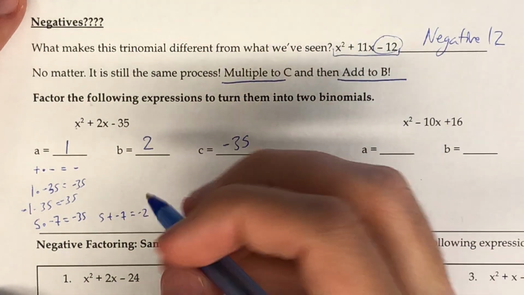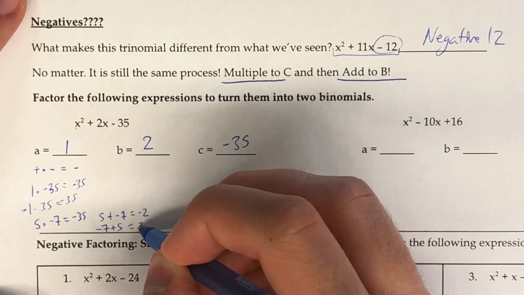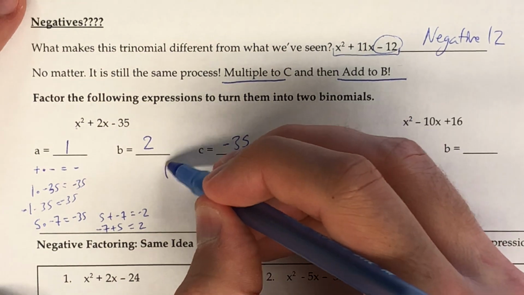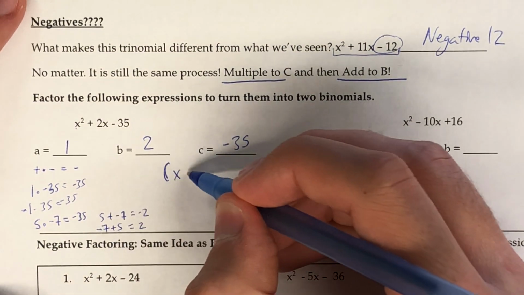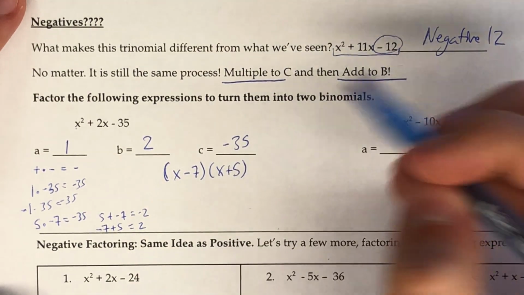So let's just flip them. What if we do negative 7 plus 5? Well, that's negative 2. Negative 7 times 5 is negative 35. So our factors would be x minus 7 and x plus 5.